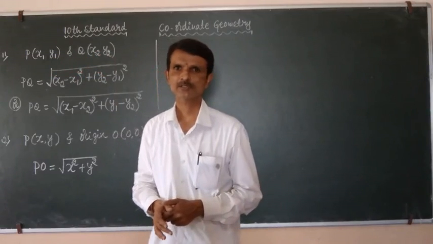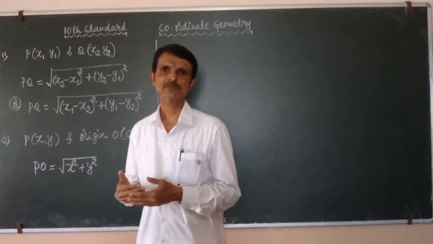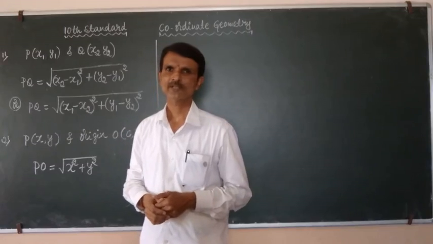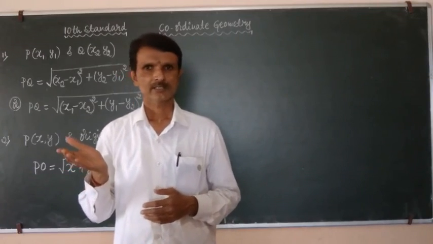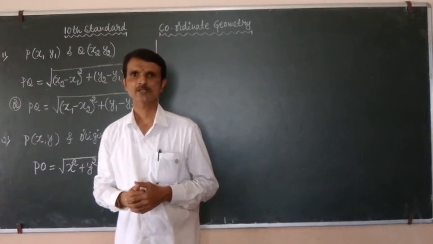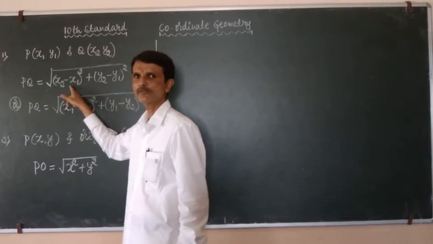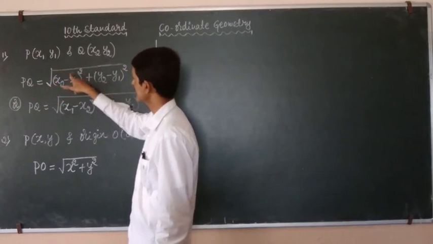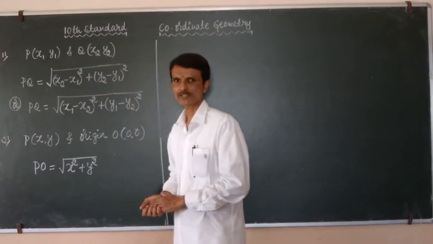The formula to find the distance between these 2 points P and Q is PQ equals square root of x2 minus x1 whole square plus y2 minus y1 whole square. This formula we have derived in the previous class.